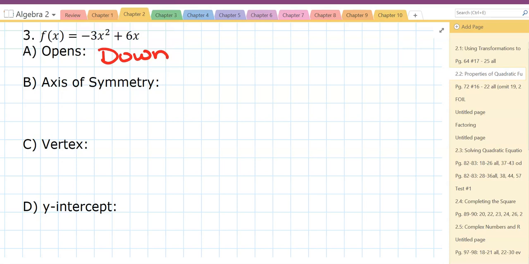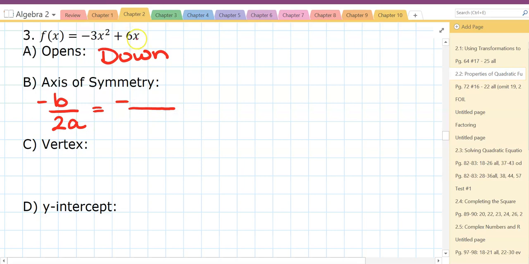Now, the axis of symmetry is going to be your negative b over 2a. So the b should be 6, because that's what's in front of your x term, and then a should be that negative 3. So we're going to have negative 6 over negative 6, which reduces to positive 1. That's the x-coordinate of the vertex.